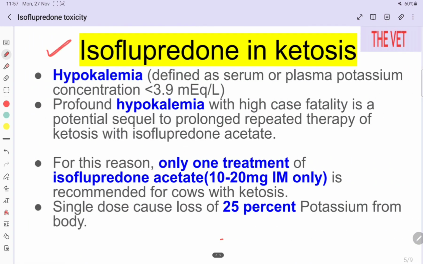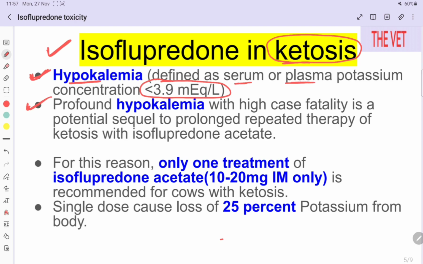As we all know, we use isoflupredone in ketosis, but do you know how it is used and what is the dosage? In this slide we will discuss. First we will learn about hypokalemia. Hypokalemia is when potassium concentration is less than 3.9 milligrams per liter in serum or plasma.